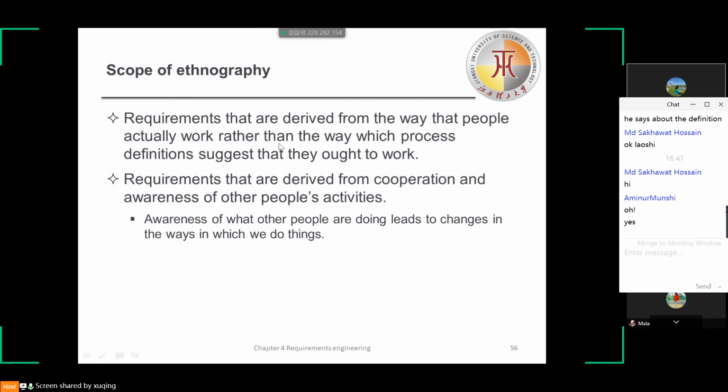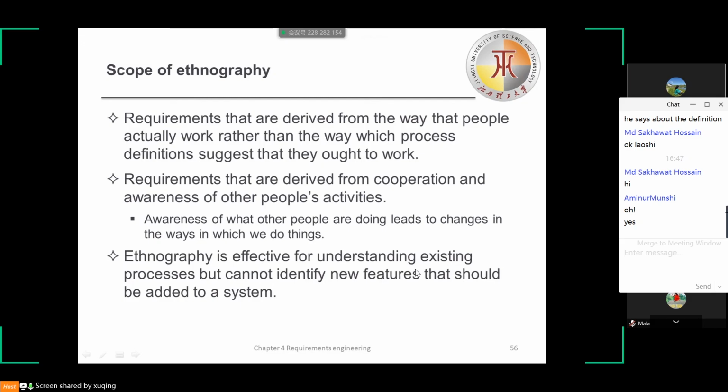Here, the controllers need to be aware of other people's activities. And this situation is also spatial. Only with techniques like ethnography can we observe these kinds of requirements.